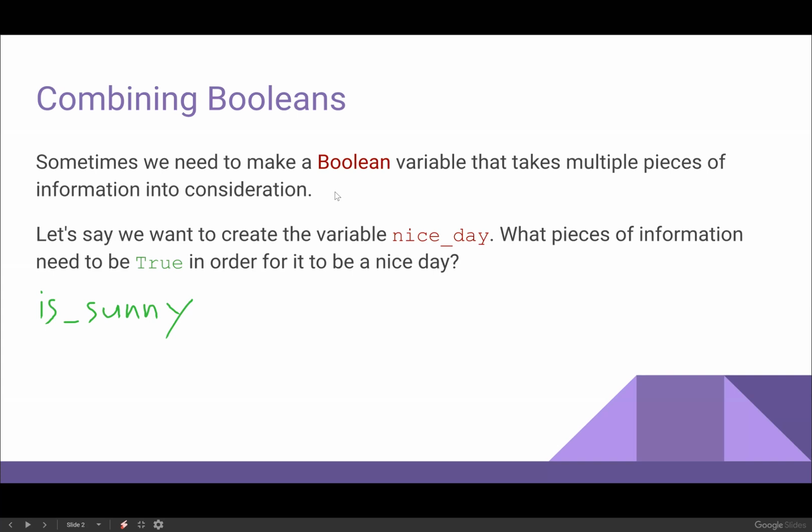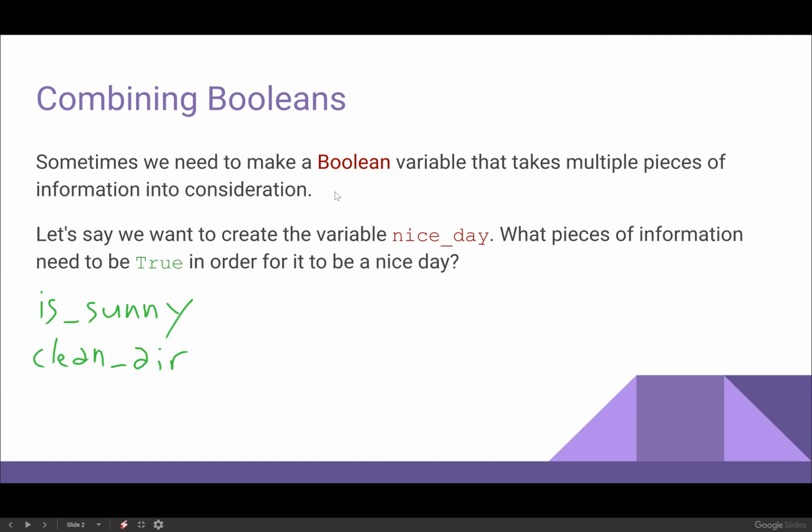Air quality. Air quality. So let's say, since we want this to be a true or false, let's say this is clean air. So if we have clean air, then it's a nice day. A comfortable temperature. Comfortable temperature.